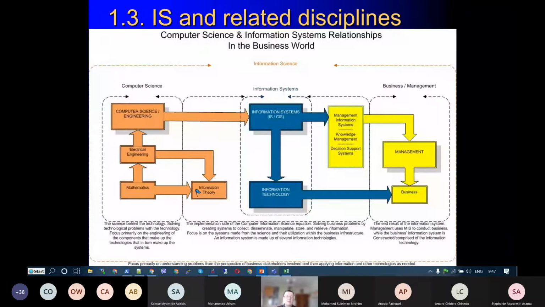And the following chart gives us the relationship between the terms information science, computer science, and information system, and how they have to interact together in order to fulfill business management needs, where the question is mostly about data exchange and using this data for an effective decision-making process.